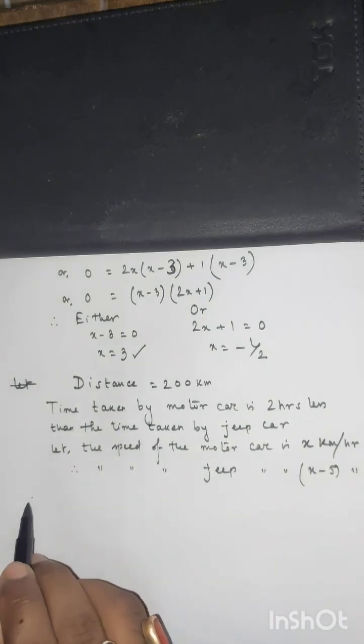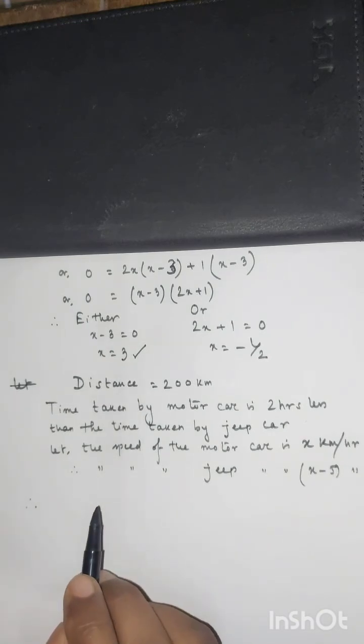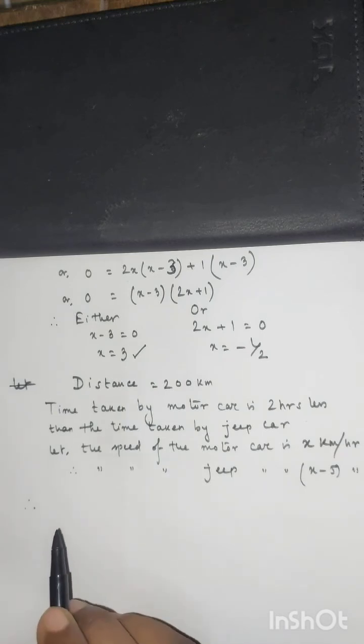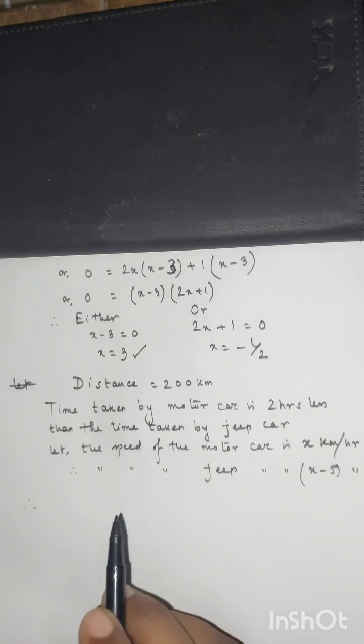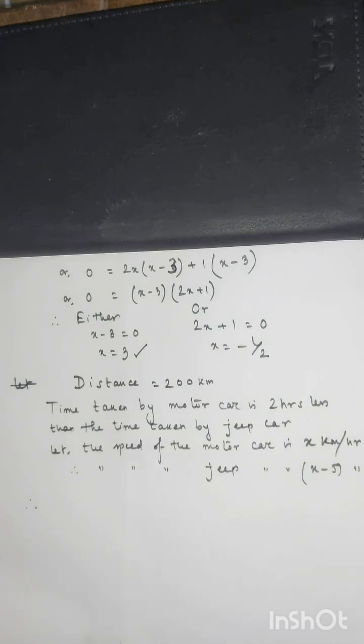Therefore, according to the question, time taken by jeep car is more because the speed of it is lesser than the motor car. That is why jeep car takes more time.